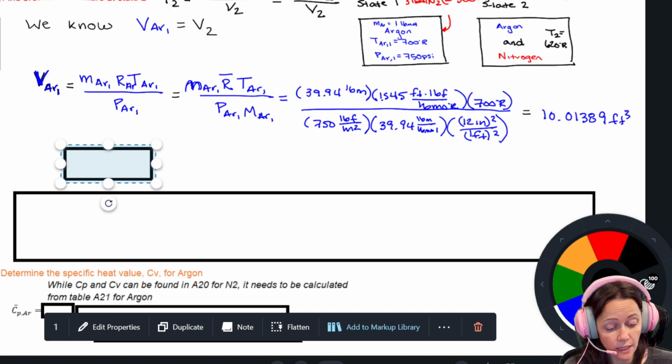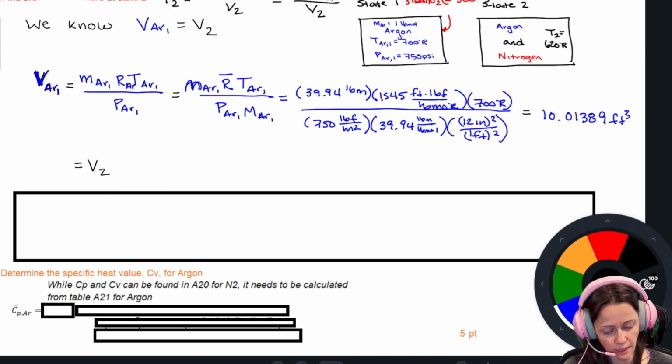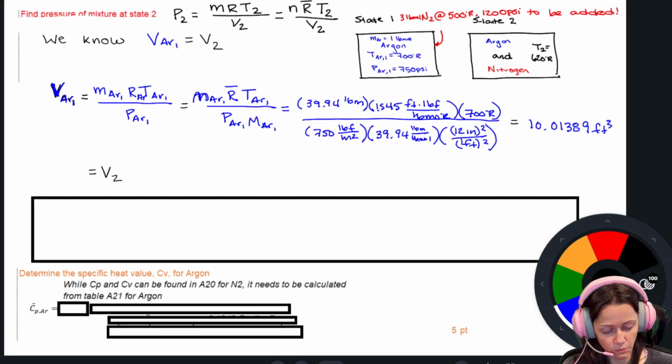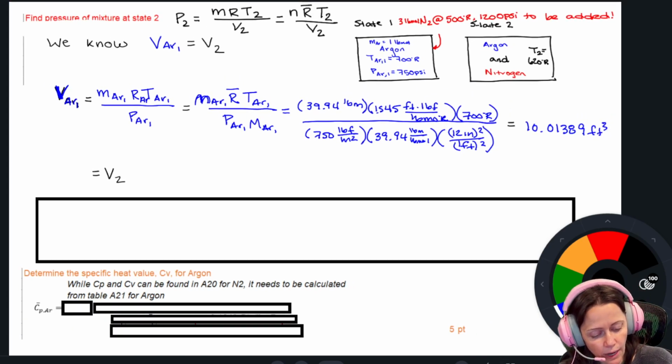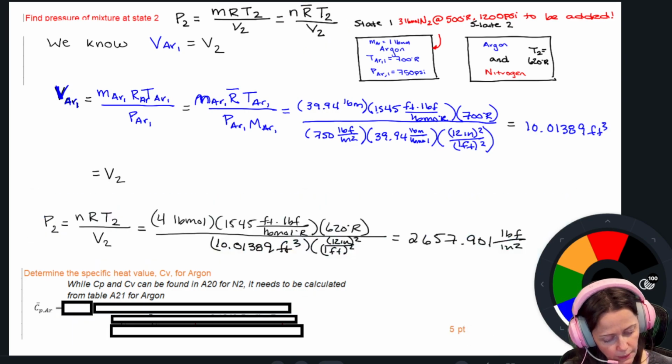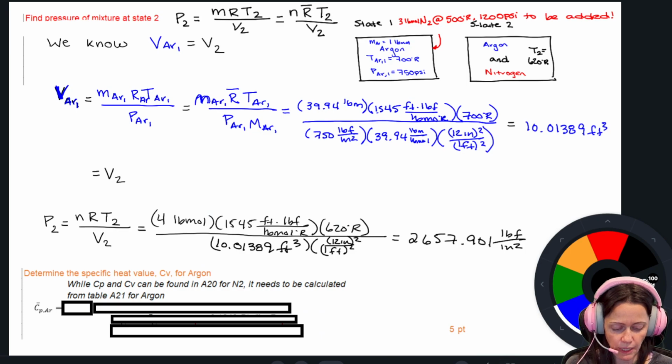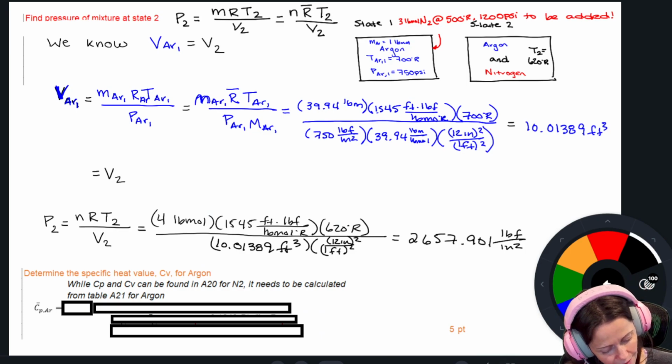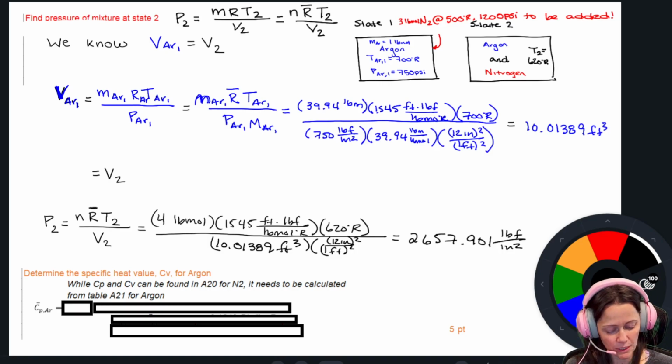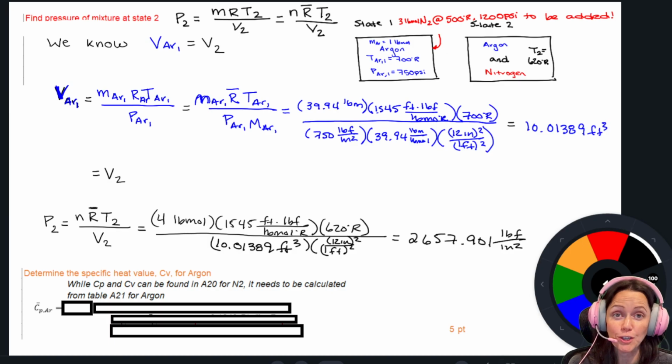And there we go. And then, of course, I know that initial volume of the argon is going to be the volume at state 2. And now I'm just going to plug things in to get that volume. So apply my ideal gas law in R bar T2 over the volume at 2, divided by the volume at 2, which I just calculated to be 10.01389 feet cubed.